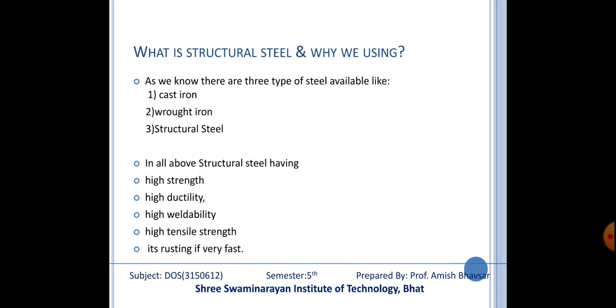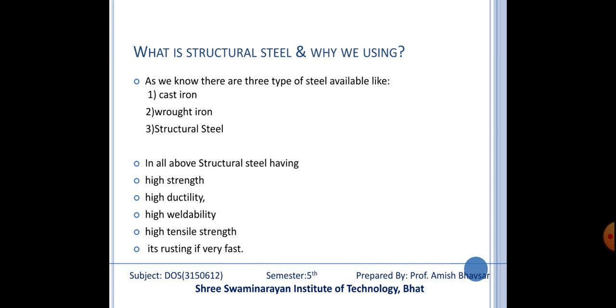But structural steel is commonly used for buildings because it has high strength, high ductility, high weldability and high tensile strength. These common properties are most important for using steel in buildings.